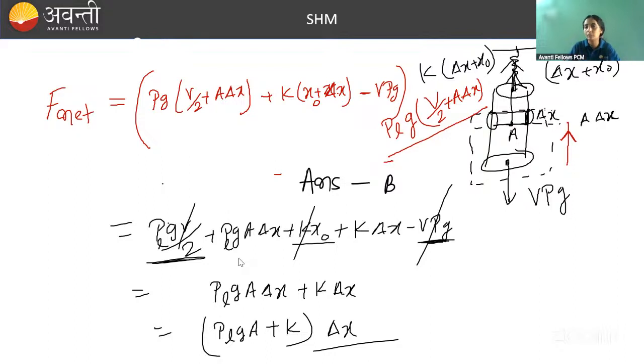Just focus on the extra forces. देखो यहाँ पे कितना एक्स्ट्रा फोर्स आया, k delta x. Here how much extra force? Rho L g A delta x. So k delta x and rho L g A delta x. This is the extra force you are getting.